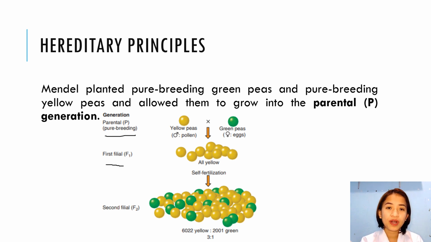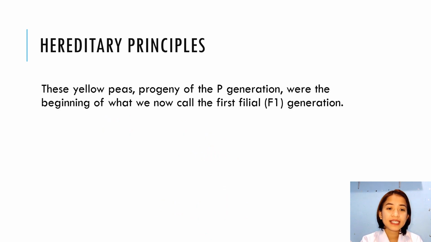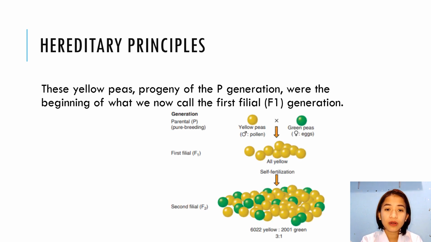Self-pollination of F1 plants gives rise to an F2 generation with a 3:1 ratio of individuals resembling the two original parental types. These yellow peas, progeny of the P generation, were the beginning of what we now call the first filial generation.